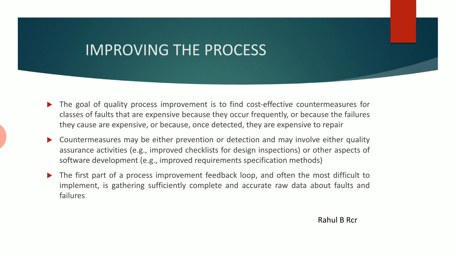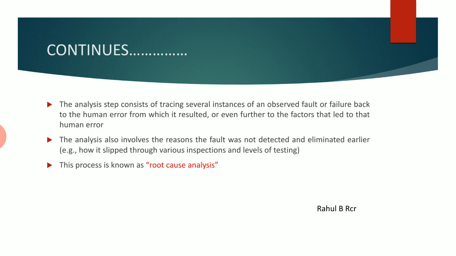The first part of process improvement is a feedback loop, often the most difficult to implement. It involves gathering sufficient and accurate data about faults and failures. If you have an idea about when faults and failures happen, then we can take some preventive measures.